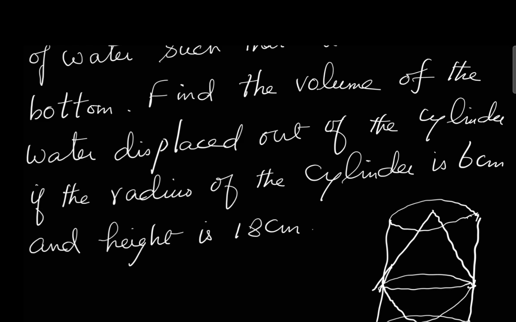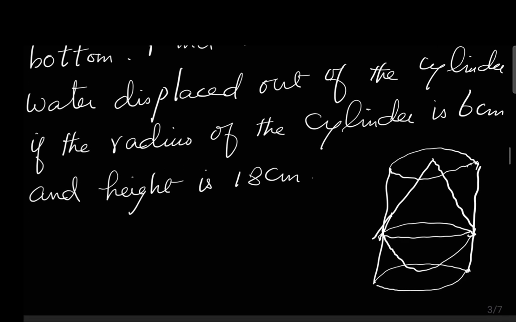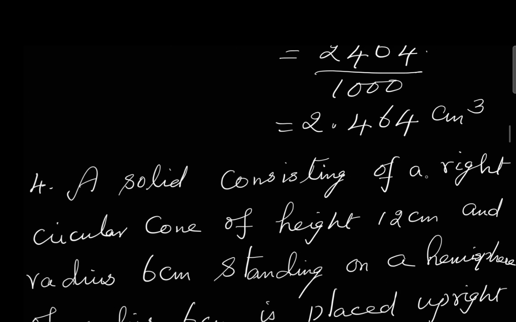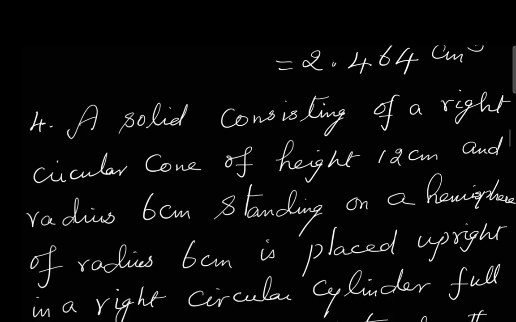Find the volume of the water displaced out of the cylinder, if the radius of the cylinder is 6 cm and height is 18 centimeters. The figure is given in your book, so you can have an idea. Inside the cylinder you have one solid figure, the cone standing on the hemisphere.